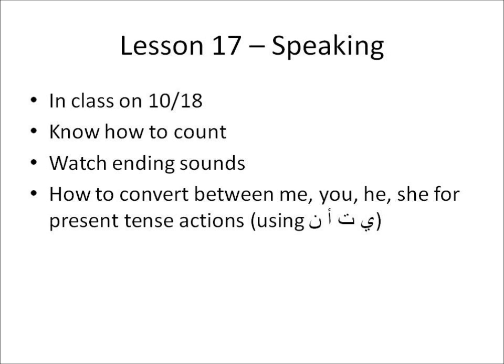So now we know that we have fatha and kasra at the end of nouns. So make sure that you keep those correct, because that's a very big part of proper speech. And also know how to convert between me, you, he, she for actions that we have learned. So make sure that you get used to conjugating these if you have time to prepare before Thursday.